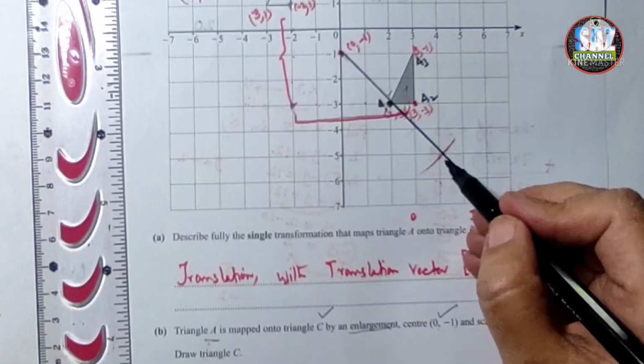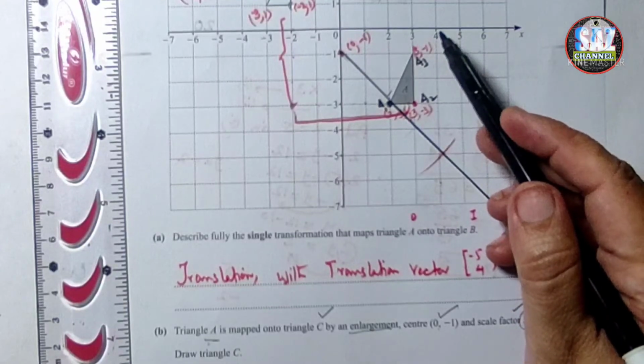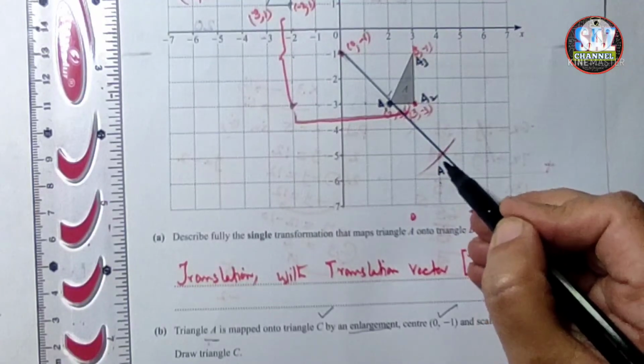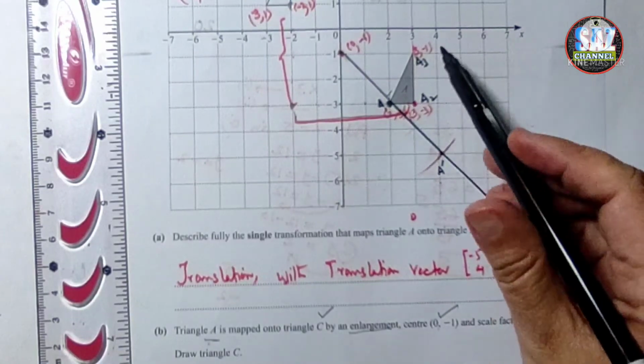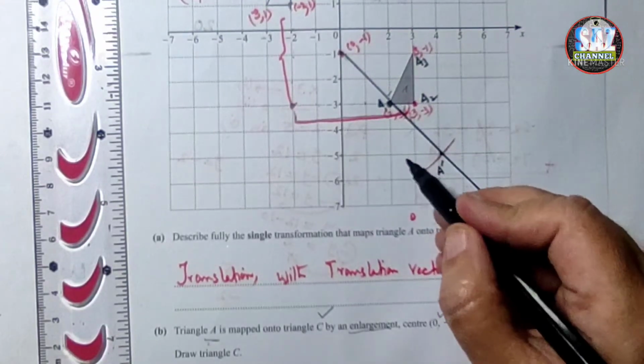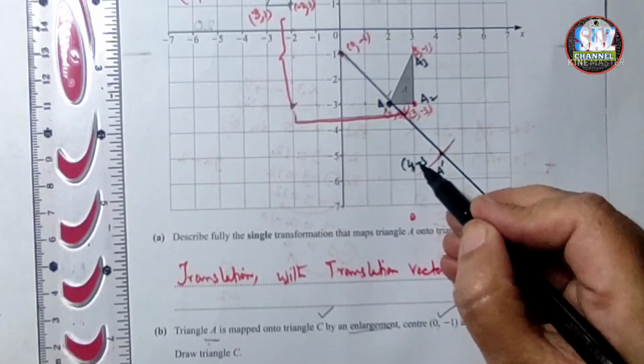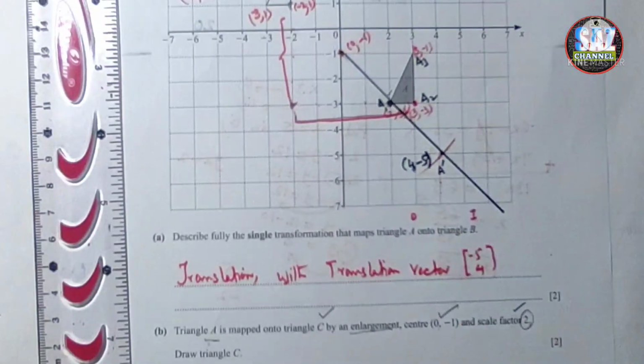So this is the place for A1 dash, and the coordinates are 4 and -5, and then I have to join any other point.